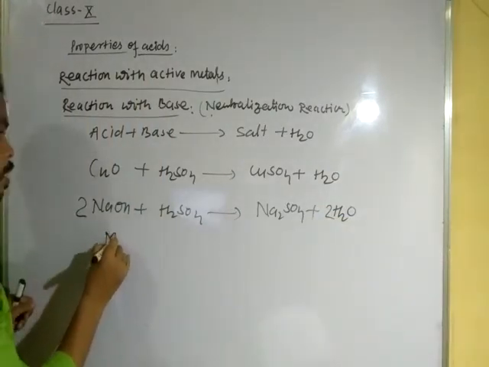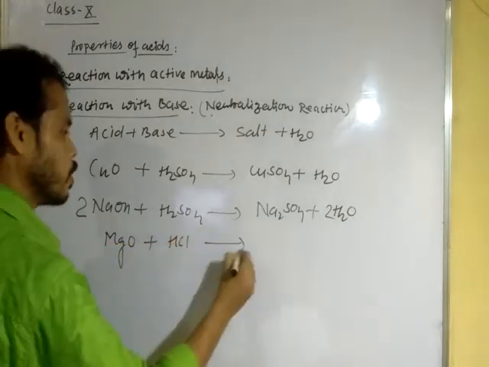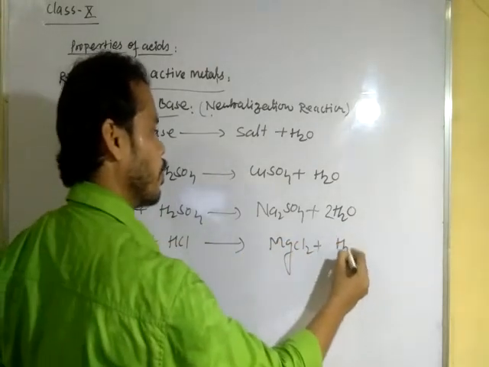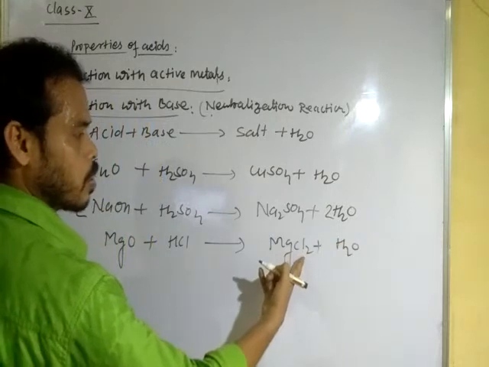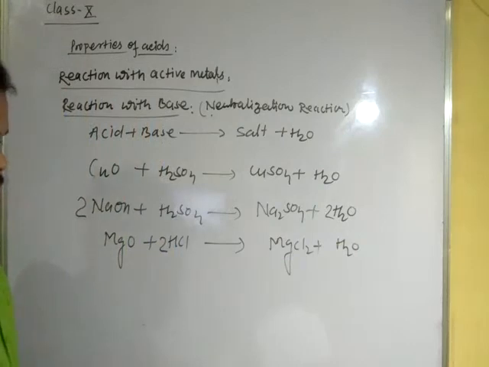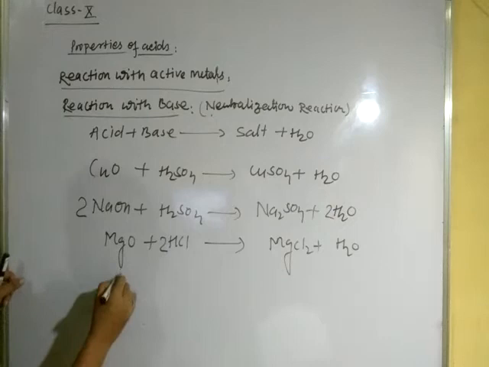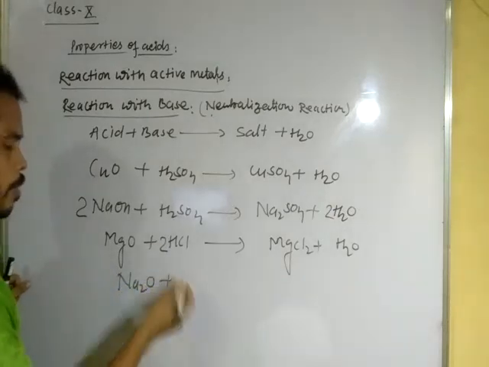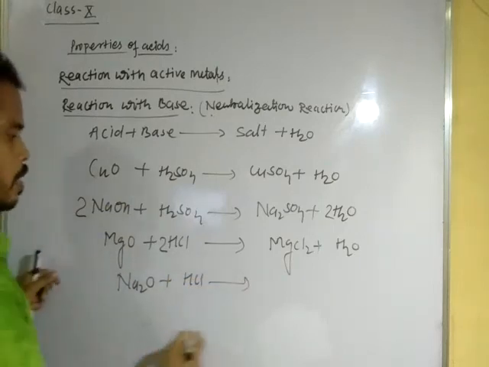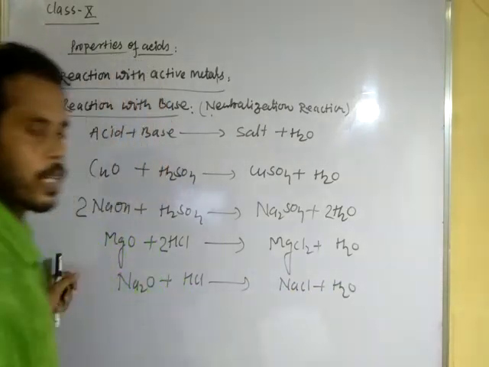Once again, when magnesium oxide, also a base, reacts with HCl, it forms magnesium chloride and H2O. To balance the chlorine and hydrogen, multiply this compound by 2. Clear? Next reaction: sodium oxide reacts with H2SO4 or HCl, you can write HCl here, to form sodium chloride, NaCl, and H2O as a byproduct.